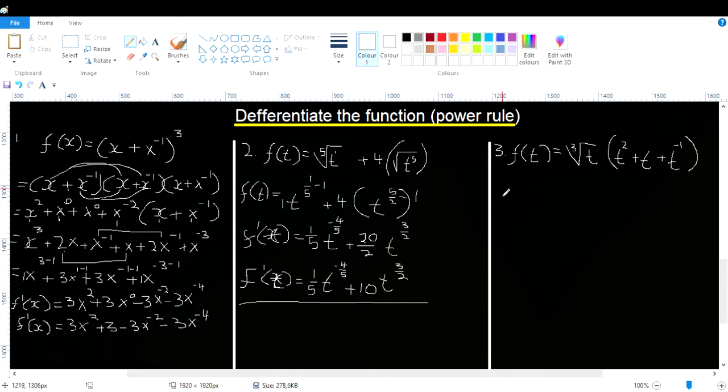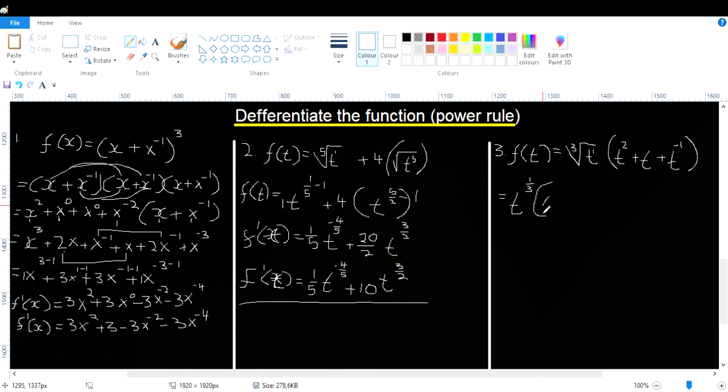Okay, let's simplify first. Here we have t to the power 1 over 3. Then open the brackets.